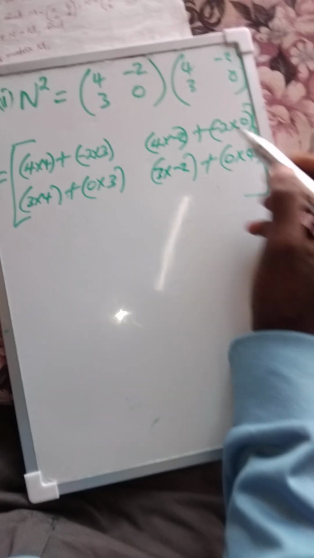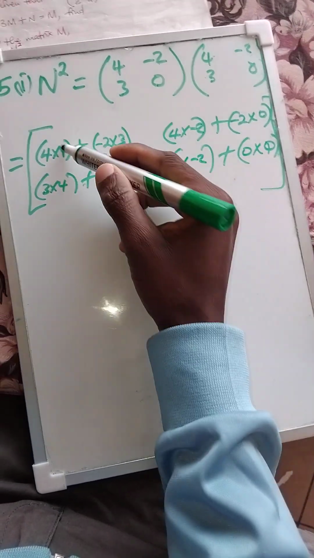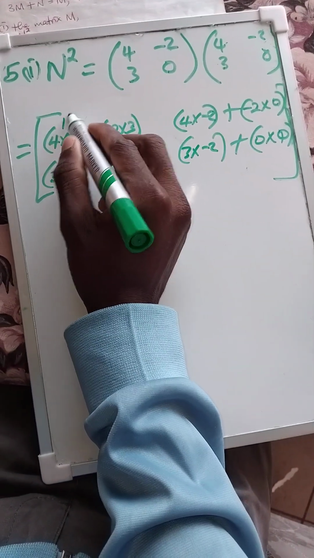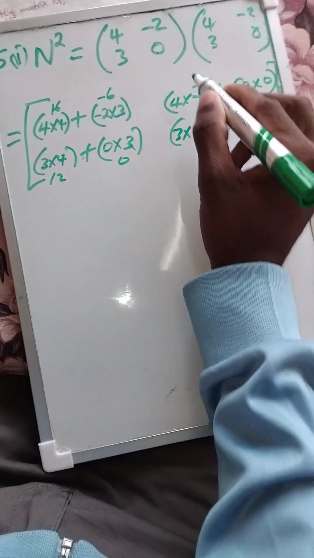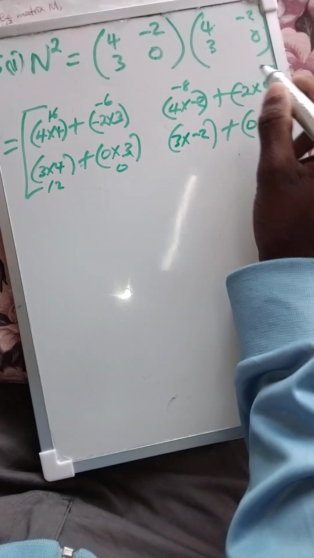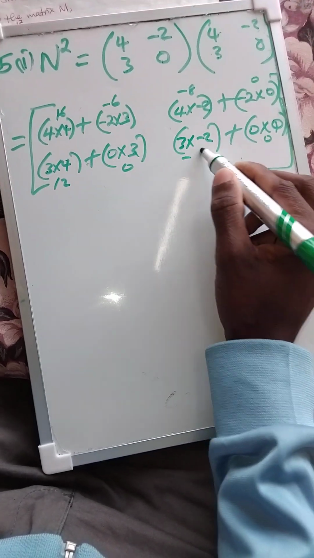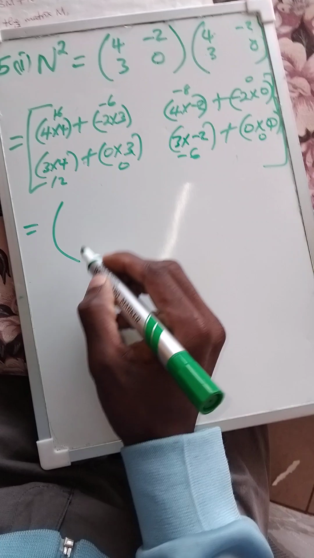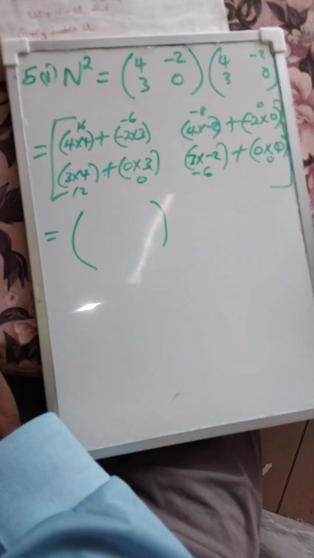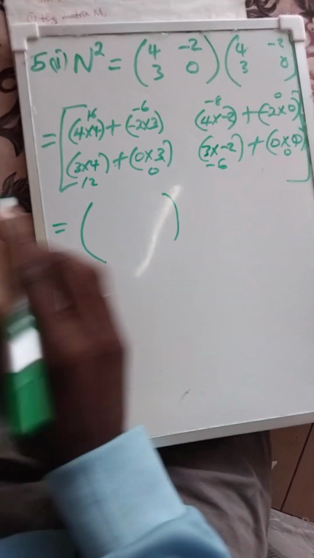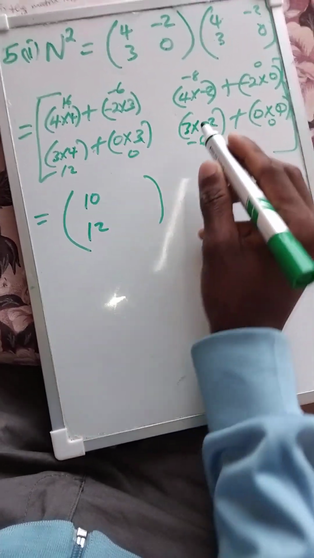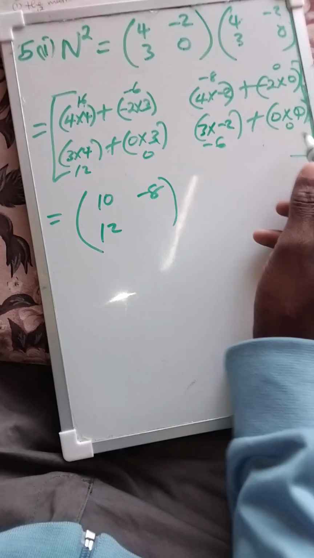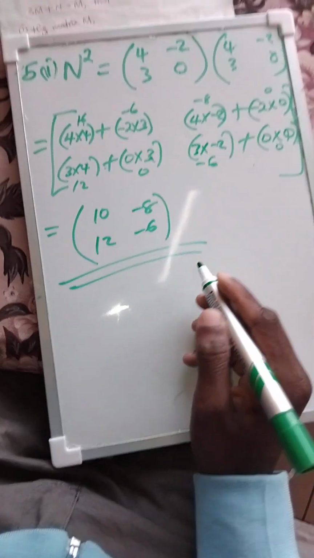So it is 16 minus 6, which is 10, then negative 8, then 12, then negative 6. So that is N squared.